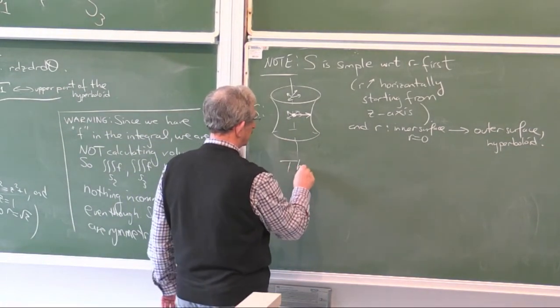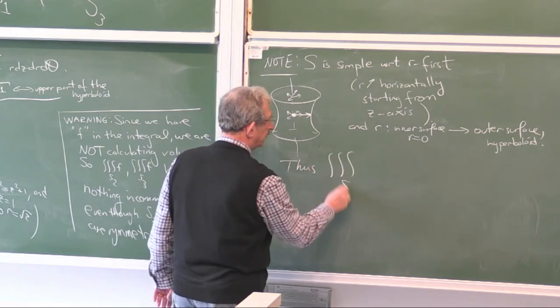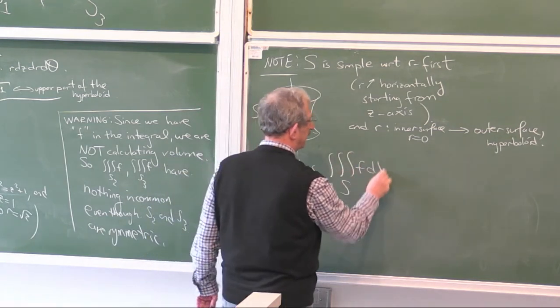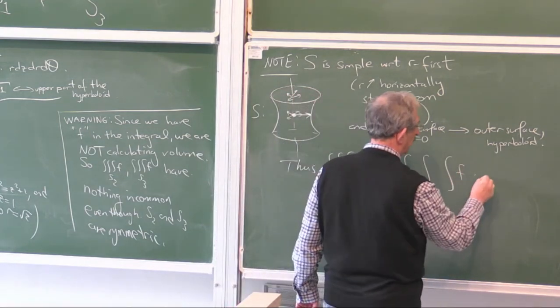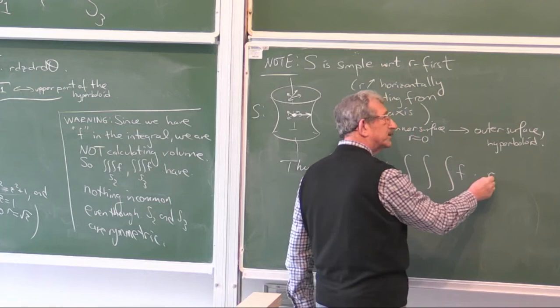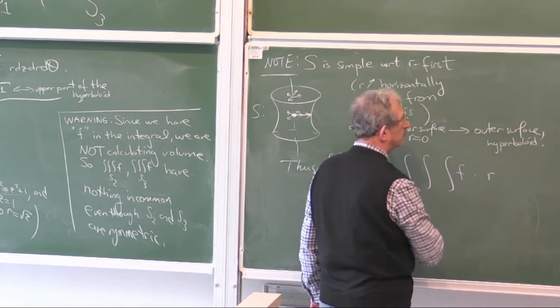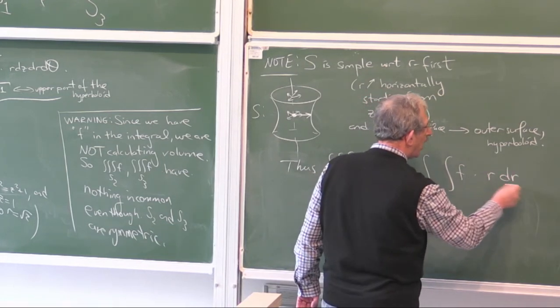Thus, the triple integral over S of F dV would be as follows. We are using cylindrical coordinates, so R comes into the picture, but we use R first.